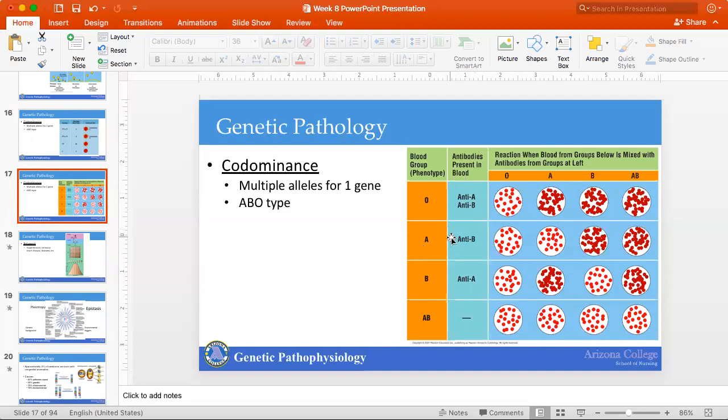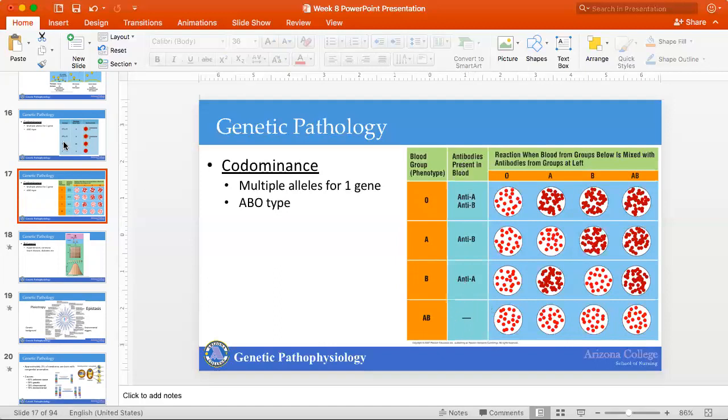Type A would have an anti-B because these surface antigens are not you, so that's what your body would attack. Type B blood would have anti-A, and then someone who has a type AB, since that is normal for their physiology, they wouldn't have antibodies for either.